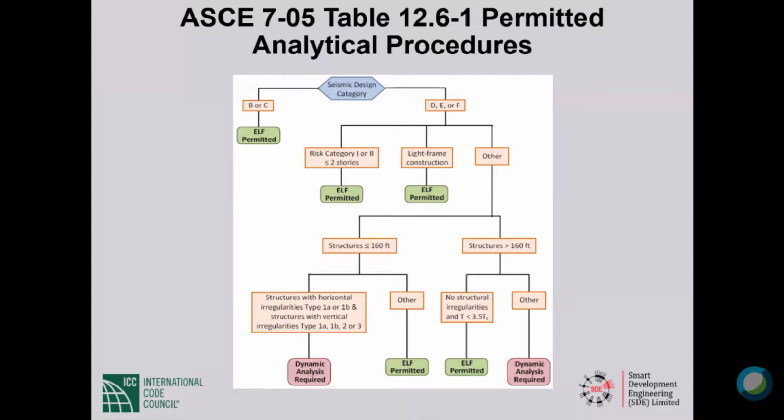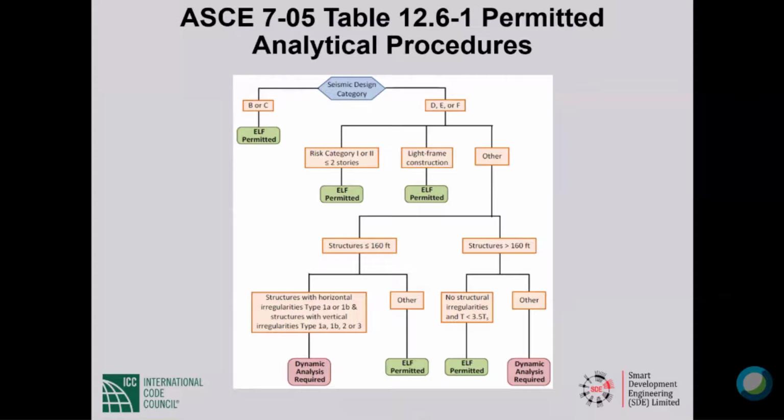So if it is taller buildings, more than 160 feet in height, then you will get to do dynamic analysis. You will be allowed to do equivalent lateral force procedure only if your structure has no structural irregularity, and in addition, the period is less than, not even equal to, 3.5 times the transition period T_S, which is T_C of BNBC.